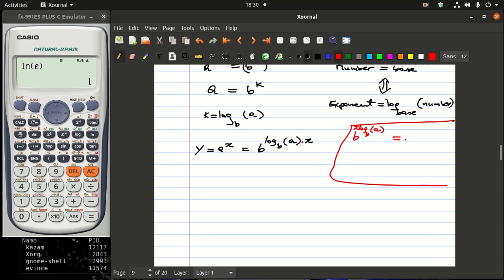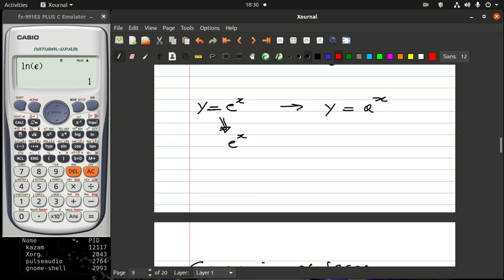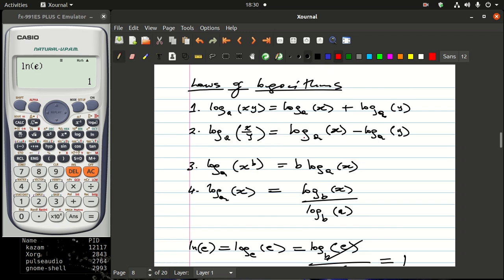And if you look into this, this is the same as b to the power log base b, and then I have an a there. I'm going to place some space here. If you look into this law here that we have, whenever I have a b, I can always bring it down to get that. And from here, I can always take this b and make it an exponent to get that. So this and that are equal.